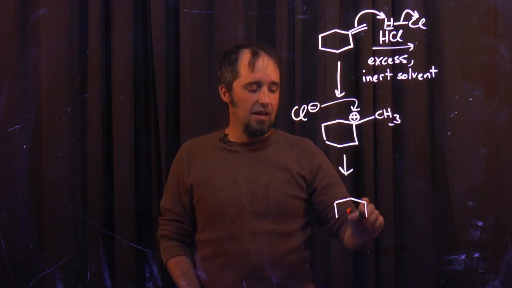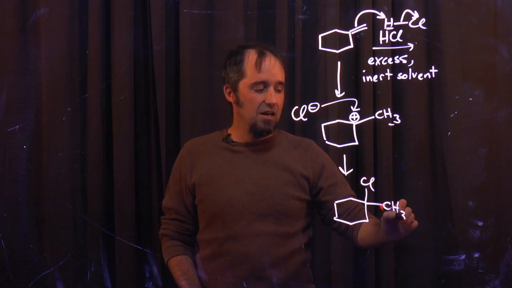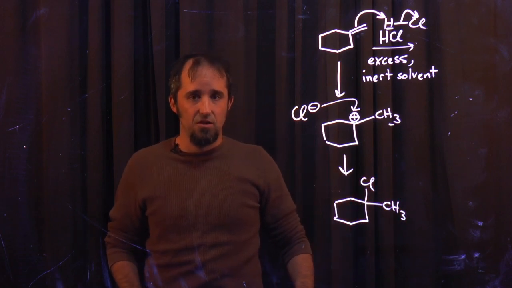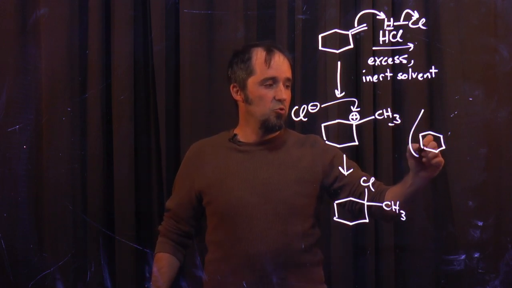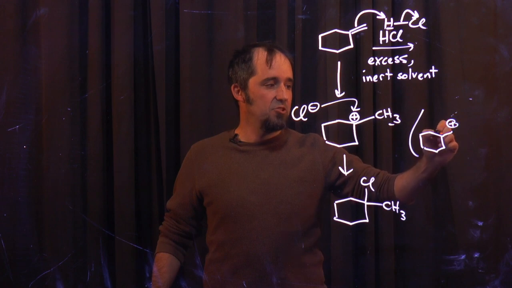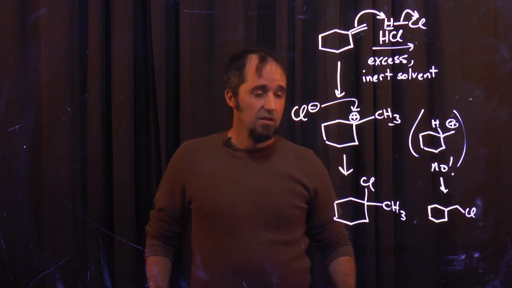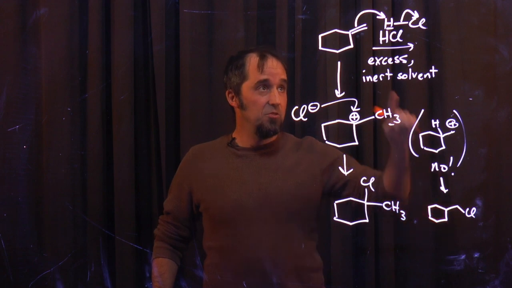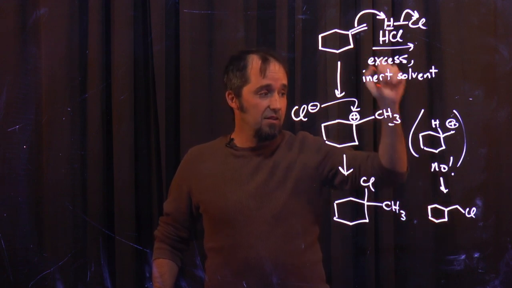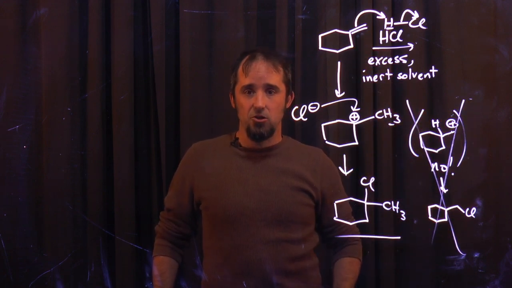And so I'm going to get this Markovnikov product, the more substituted chlorine. I am not going to make the positive charge on the far end. I'm not going to make this primary cation. And so I'm not going to get chloride to add to this end of the double bond. So I'm not going to see these. This is going to be my major and maybe only product.